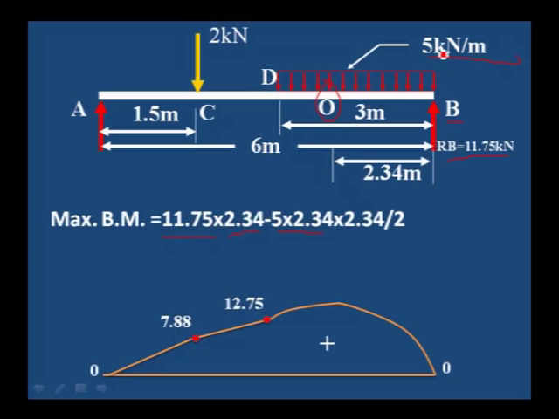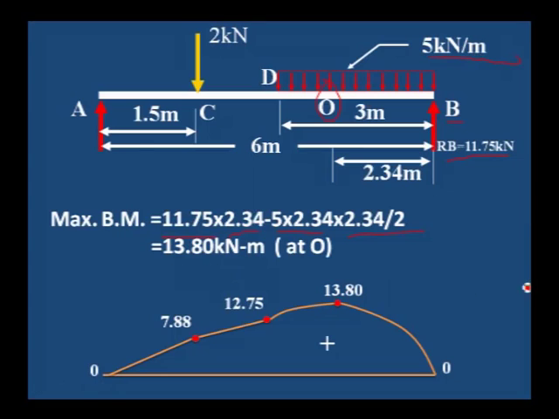Therefore, 5 kilonewton into 2.34 is the total load, into the distance where it acts, the center of the 2.34, that is 2.34 divided by 2. We should not take 5 into 3, because 5 into 3 means total load up to the distance of 3 meter. For 2.34 it is only up to a distance of 2.34. This is the maximum bending moment, 13.80.